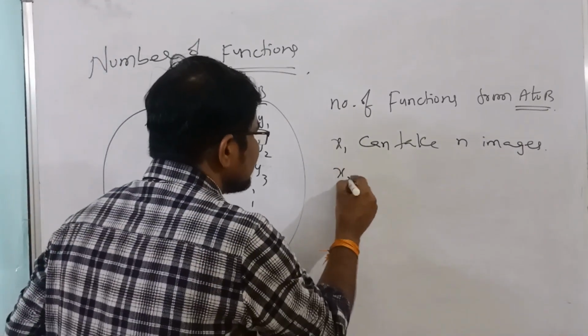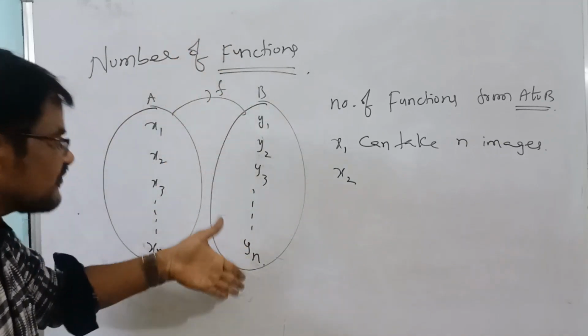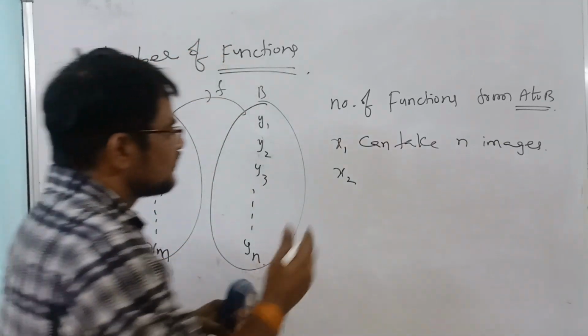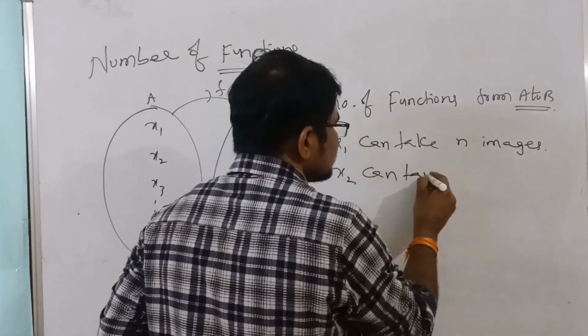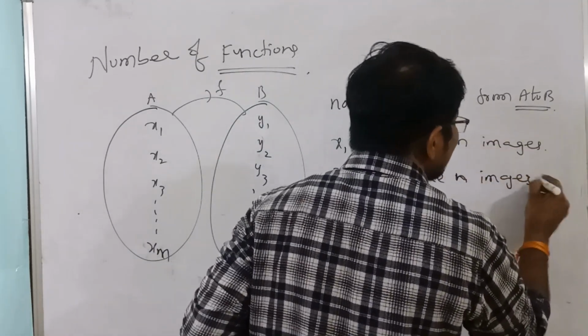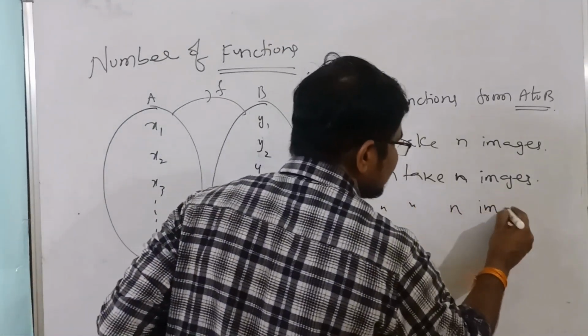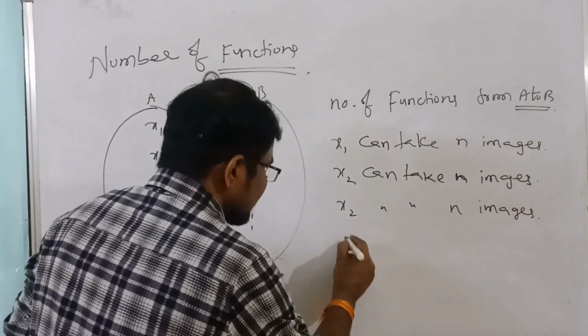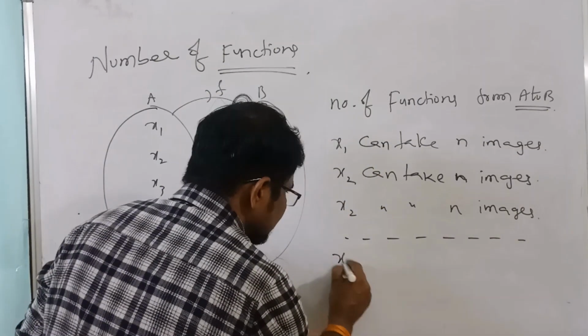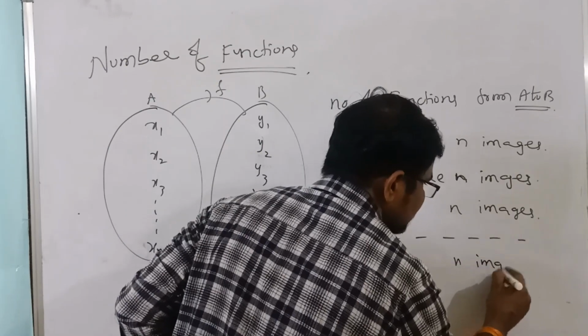And for x2, how many chances are there? For x2 also, any one of these. How many image chances are there? n images. Similarly, x3 also can take n images, and so on. For xm also, how many chances are there? n images.